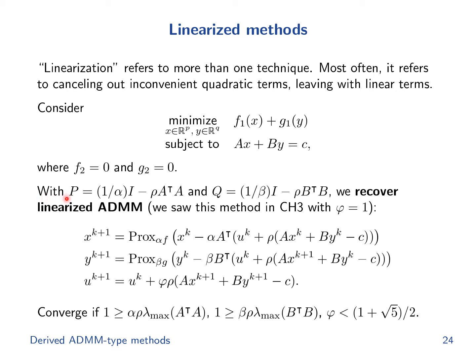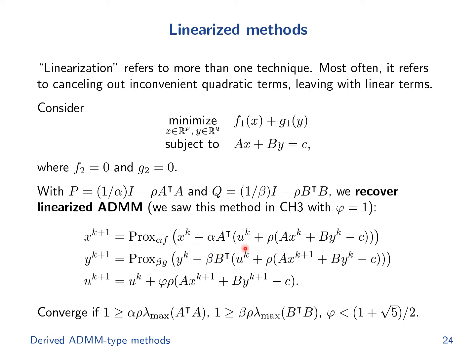With these choices of P and Q, we can recover the linearized ADMM method, which we have seen in chapter 3, except there we don't have the dual extrapolation parameter phi. In the linearized ADMM method, we no longer have Ax inside a square.